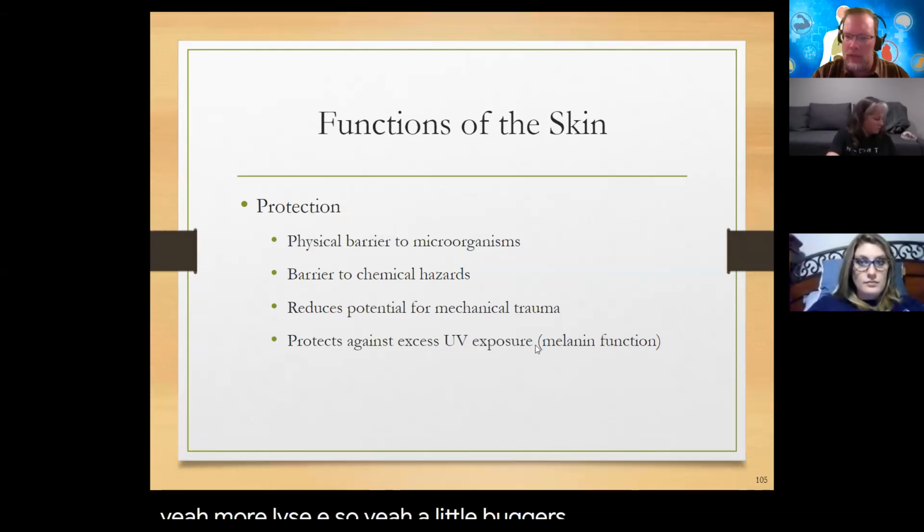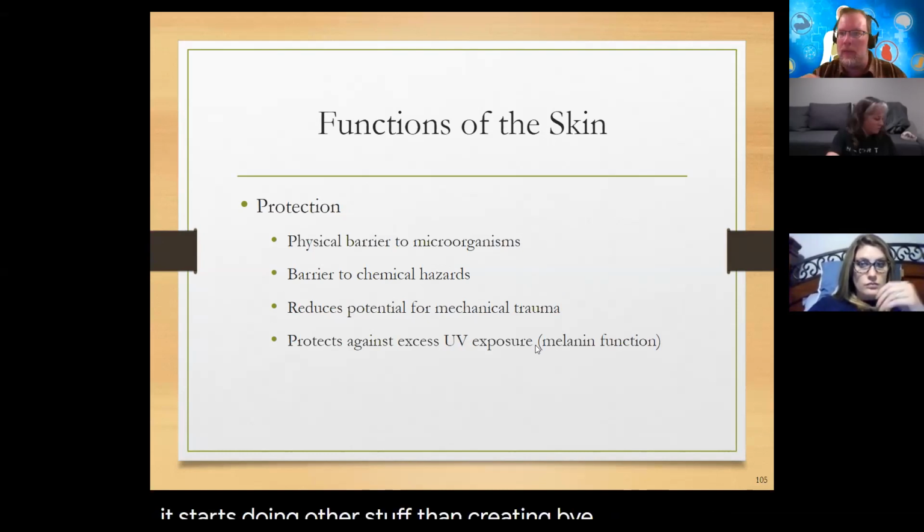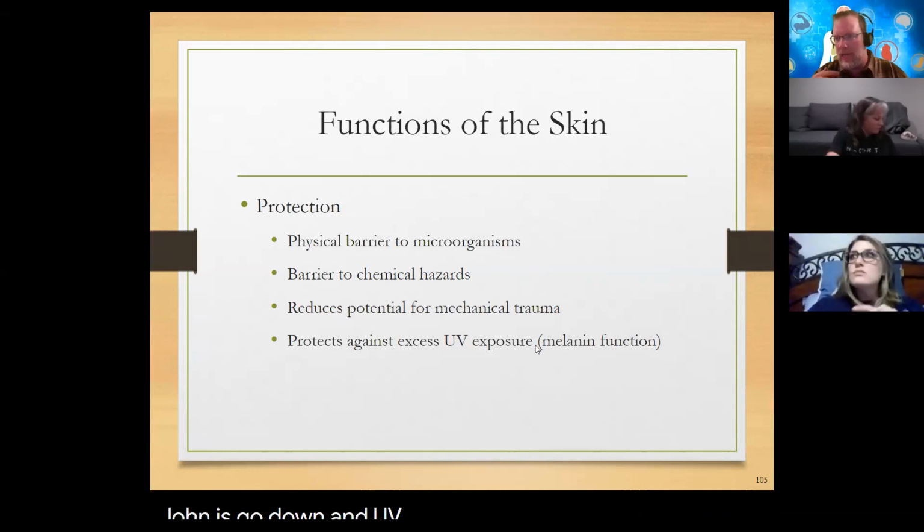But the liver does a million things, and one of them has to do with bile production. Sometimes we just need the liver to be more active and busy doing other stuff, and when it starts doing other stuff instead of creating bile, we'll see jaundice go down. UV exposure triggers cholecalciferol, right? Vitamin D synthesis.